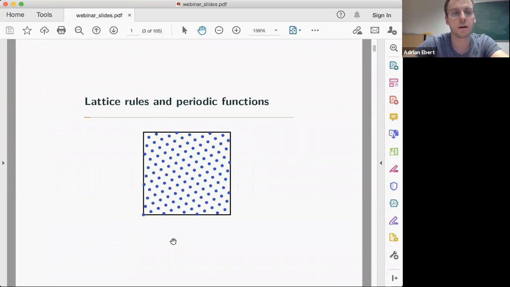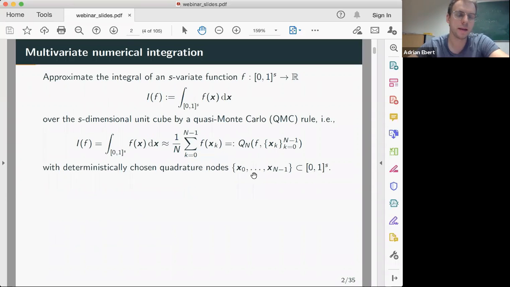So, like I said, I start with lattice rules. Here below you already have a first impression of how a lattice point set looks. In particular, that's a rank 1 lattice. The main setting that we consider is the problem of multivariate numerical integration. There we usually want to approximate the integral of an s-variate function f that maps from the s-dimensional unit cube into the real numbers.